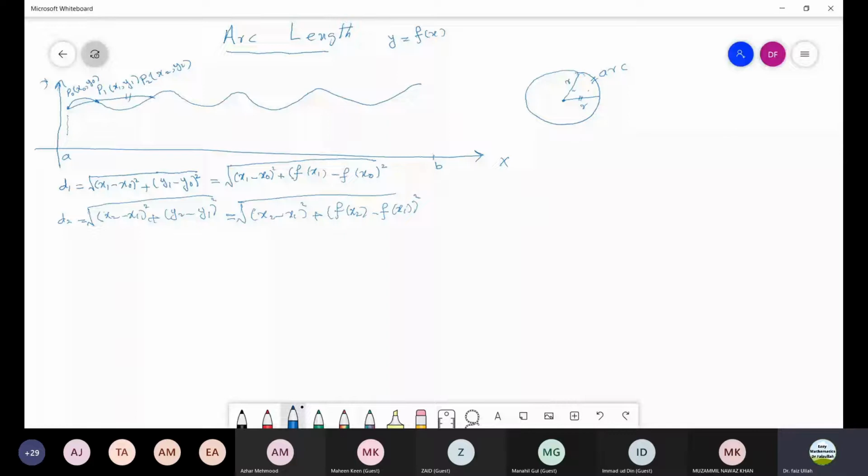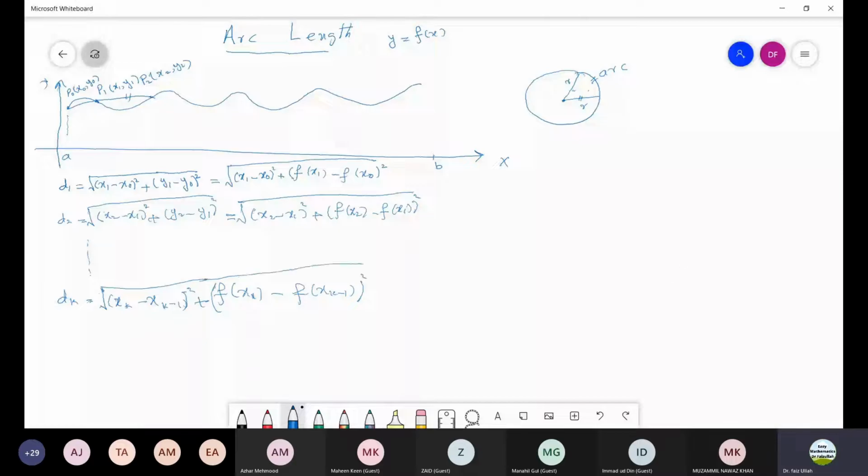In a similar procedure, we can generalize this and we can write dk. dk is equal to, under the root, (xk minus xk minus 1) whole square plus (f of xk minus f of xk minus 1) whole square under the root.